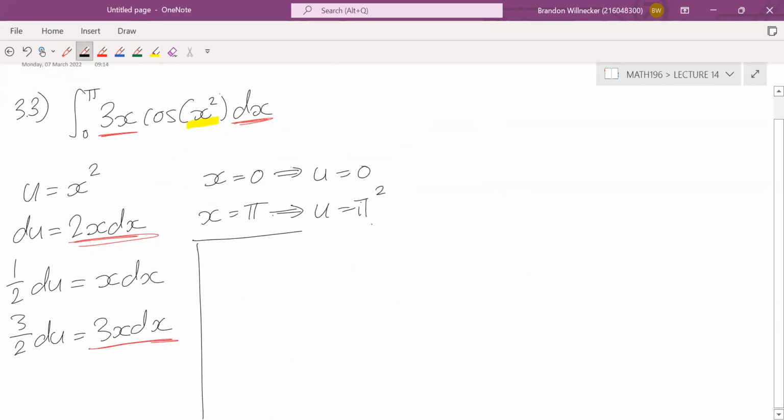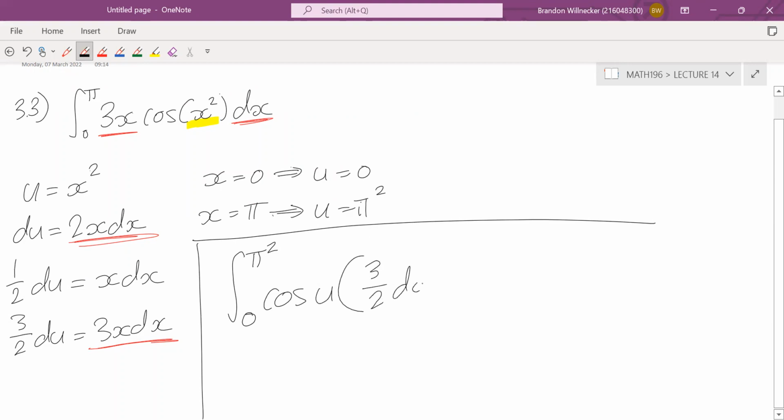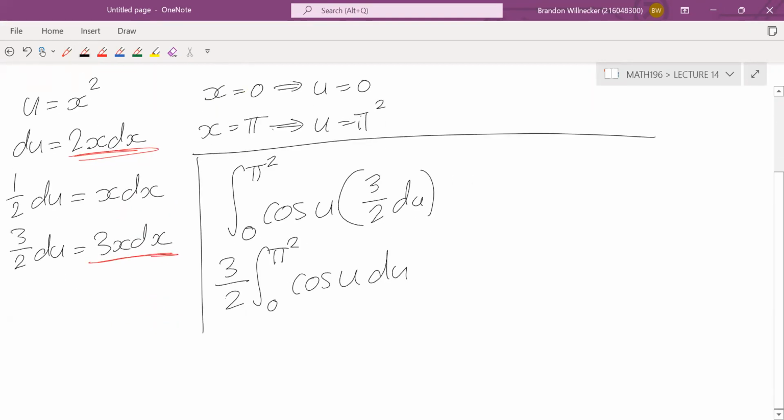Okay, so let's do the integral. So this will be the integral from 0 to pi squared. Cos of x squared becomes cos of u. And 3x dx becomes 3/2 du. So that's going to be 3/2 the integral from 0 to pi squared cos of u du. The integral of cos is going to be sine.